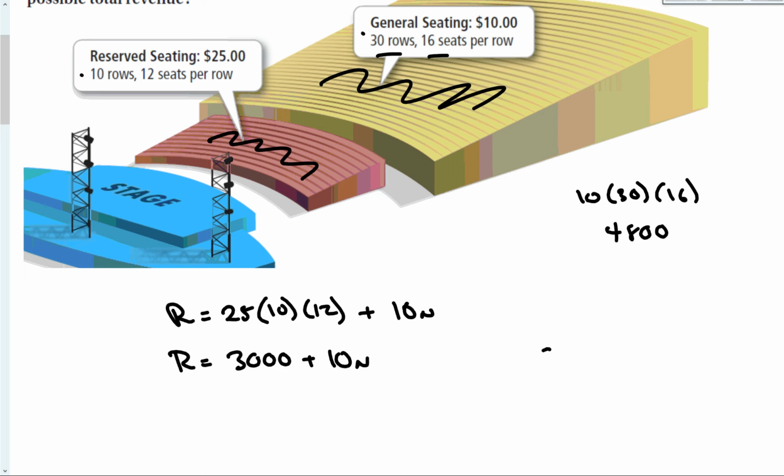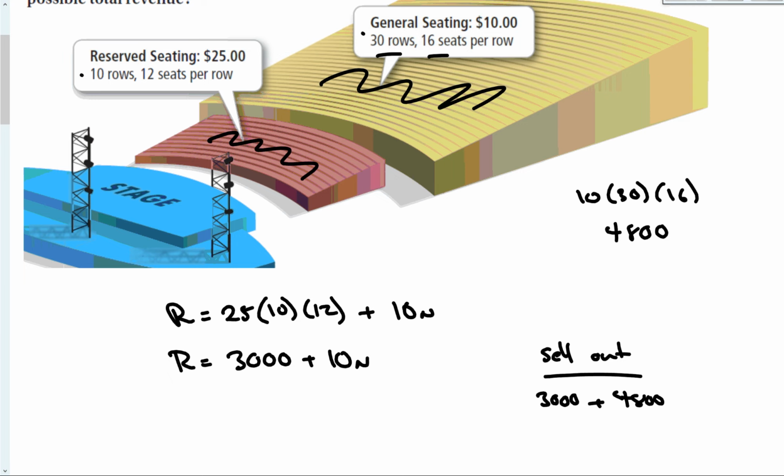So a sellout would give me $3,000 plus $4,800. Which would be the 30 rows, 16 seats each. So it would be 480 total seats in general seating. So if I sell them all for 10 bucks, right, that's my $4,800.